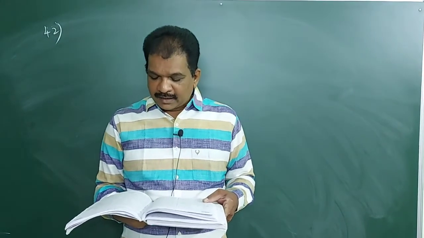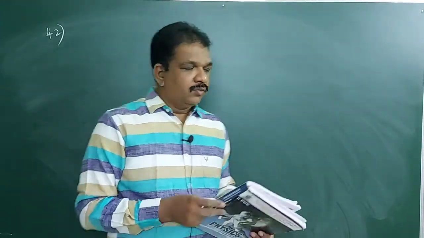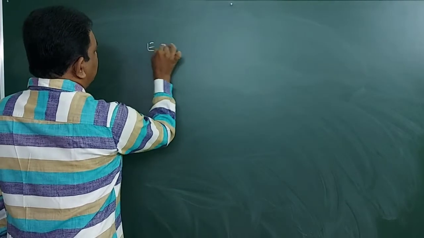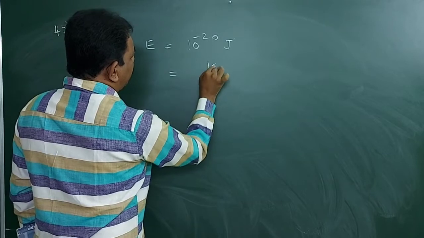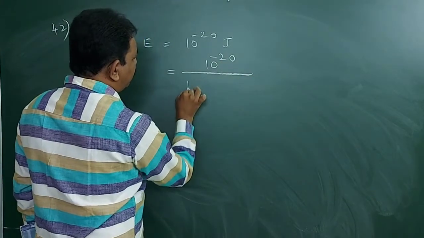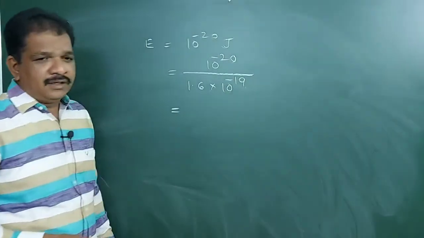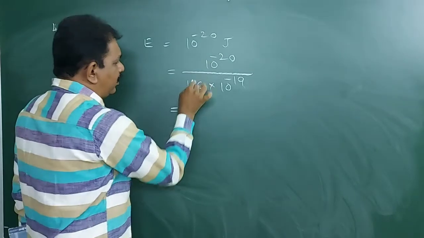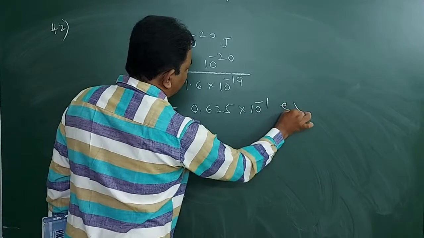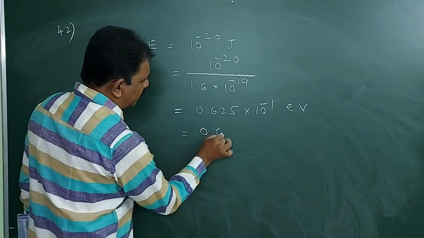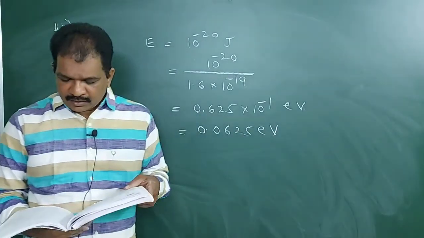They are asking to convert this value, given in joules, into electron volt. 10 power minus 20 divided by 1.6 into 10 power minus 19. 1 by 1.6 means 0.625, so 0.625 into 10 power minus 1, which is 0.0625 electron volt.